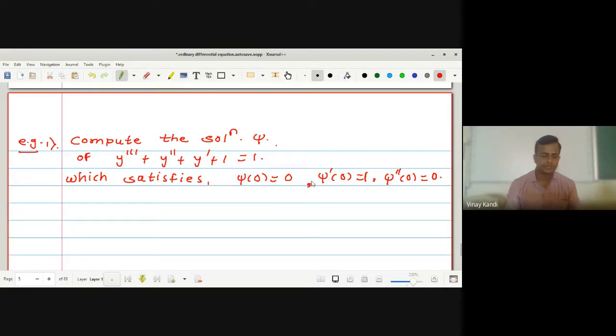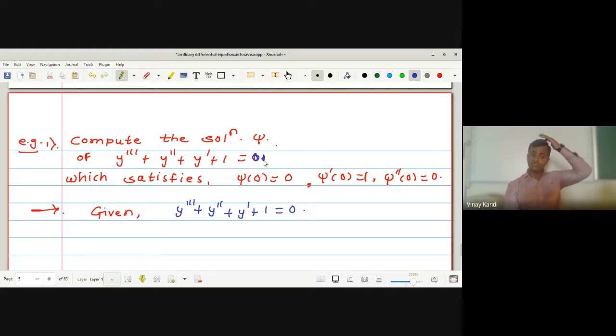Now tell me what is the complementary function. Given y triple dash plus y double dash plus y dash plus y is equal to 1. Here b of x is 1.